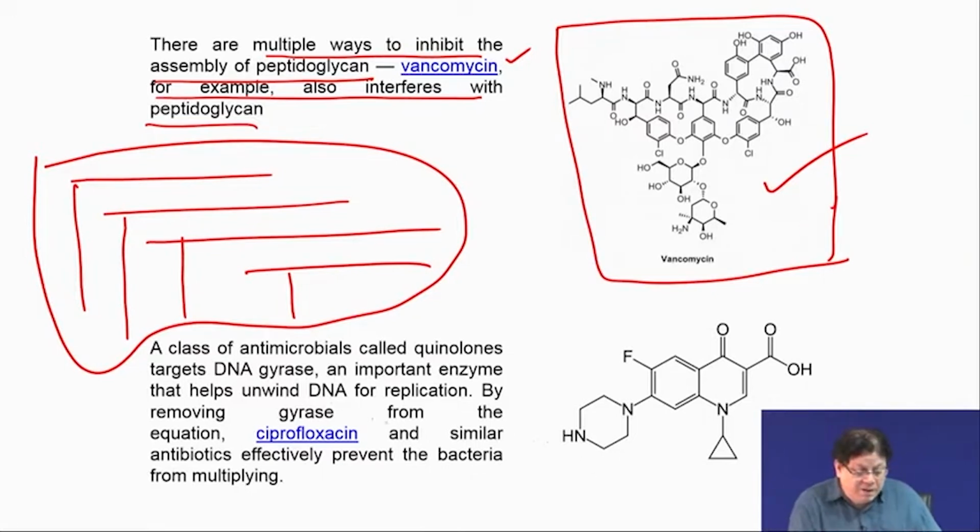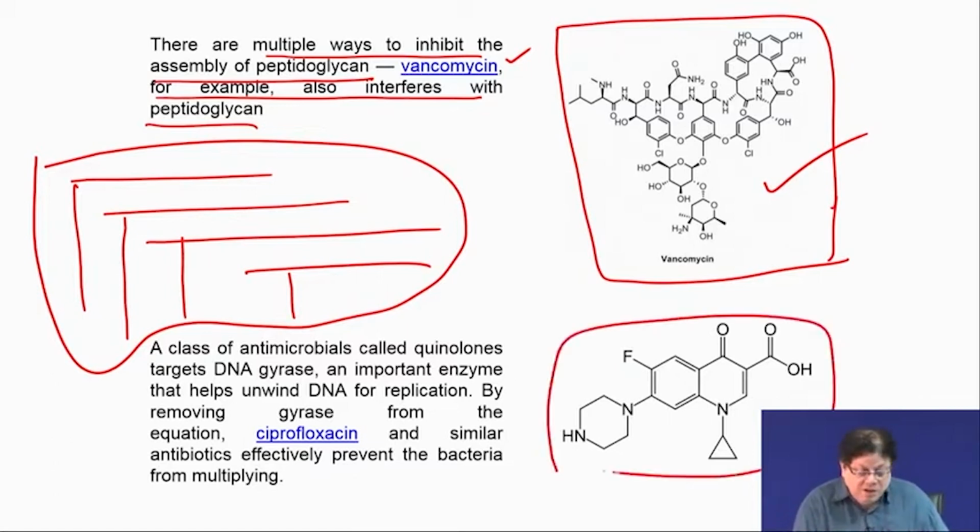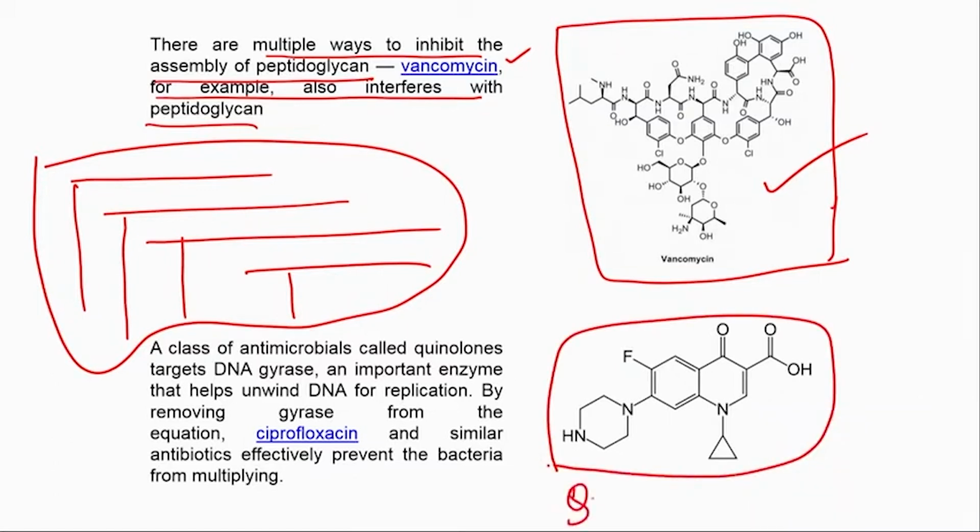Then you have another class of molecules which are called quinolones. Quinolone, because quinoline is only a 6-membered ring and another 6-membered ring with a nitrogen, but here it is a quinolone, with a carbonyl. So, these quinolones are also very good antibiotics.